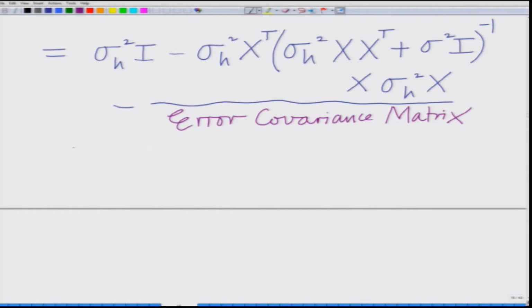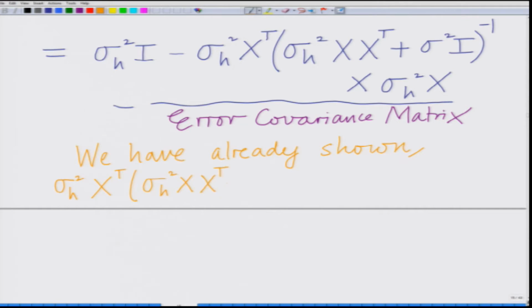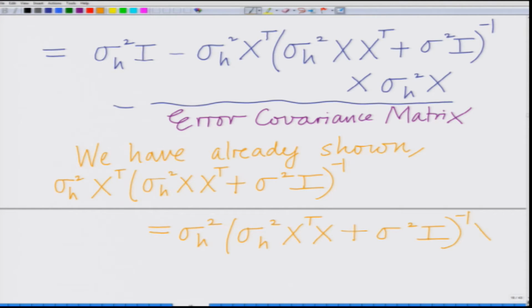To simplify this, we will use the result that we did earlier. Observe, we have already shown in one of the previous modules, during the simplification of the LMMSE estimate, this property: sigma_h squared X transpose times sigma_h squared X X transpose plus sigma squared identity inverse is equal to sigma_h squared X transpose X plus sigma squared identity inverse times X transpose.